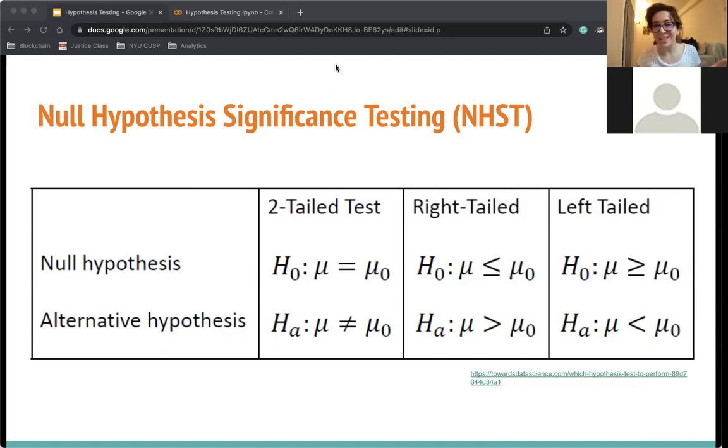Awesome. And with the right-tailed and left-tailed, these are just different questions that we can start to answer. So if we're not just comparing the means between two groups, but if we wanted to say, for example, group A is more likely than group B to have higher growth, we can start to use the right-tailed and left-tailed tests.